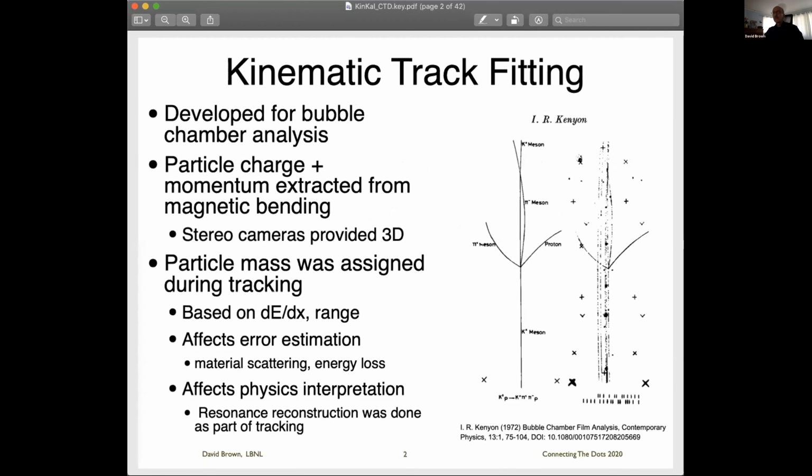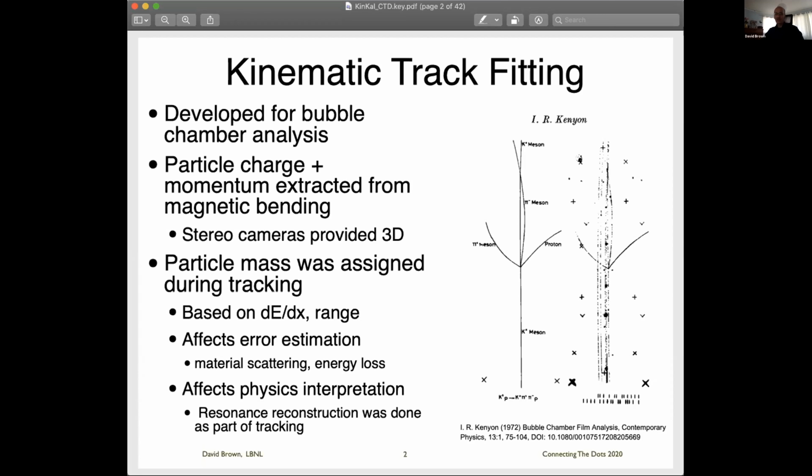So the concept of kinematic fitting comes actually from the bubble chamber era. It was actually a computerized algorithm even back in the 1970s. It was interesting reading up on this. But the concept is that you assign a particle mass while you're doing the tracking. And you basically do the analysis, in this case, for resonances, while you're doing the fitting.